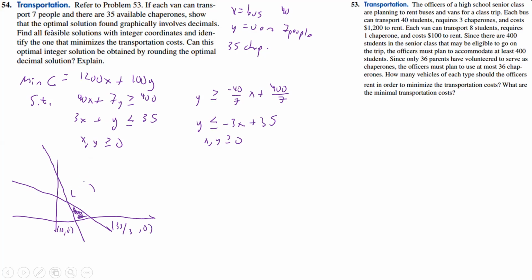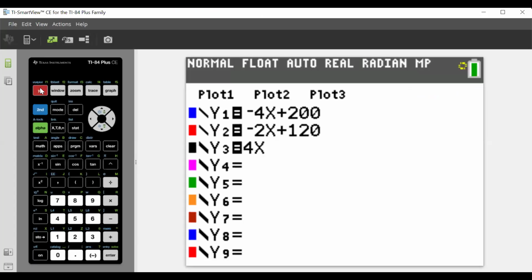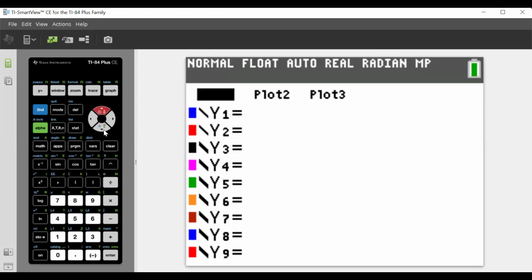And this one we're going to calculate with our calculator. So we'll plug all that in, y equals, and now we'll clear that. So we had minus 40 divided by 7 times x, and then plus 400 divided by 7.